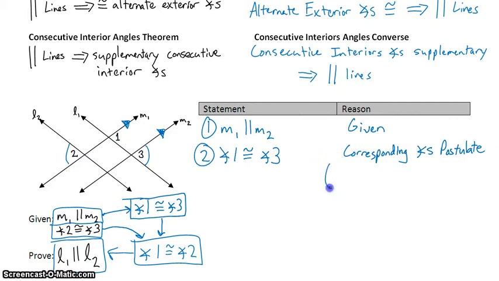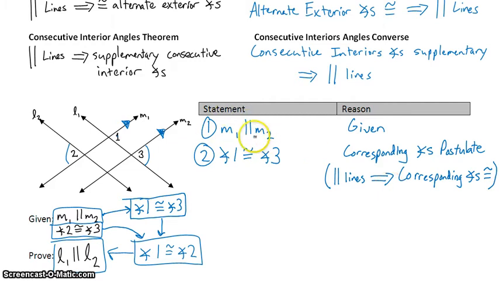I can also write the corresponding angles postulate this way. Parallel lines imply that I have corresponding angles congruent. I can write this same reason either way.